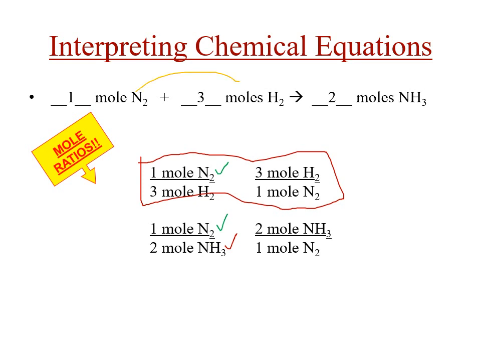So this one is done. We've got the moles of nitrogen with the moles of ammonia. That one is done. So what you should notice is what's not done. What's not done is the moles of hydrogen with the moles of ammonia. This relationship we haven't done a mole ratio for. So I want you to go ahead and write that mole ratio and its reciprocal on your paper, and I'll give you a minute.